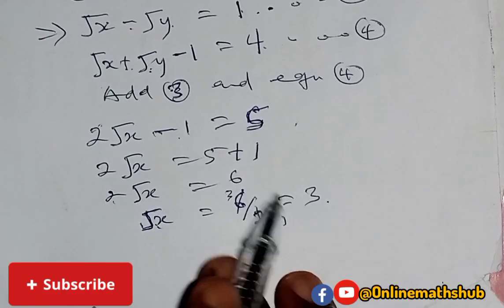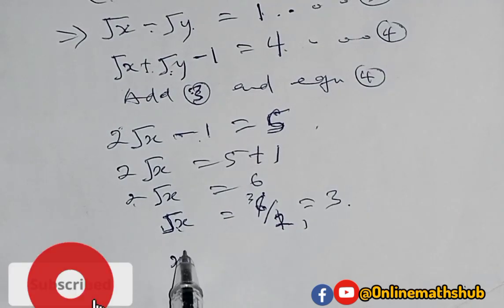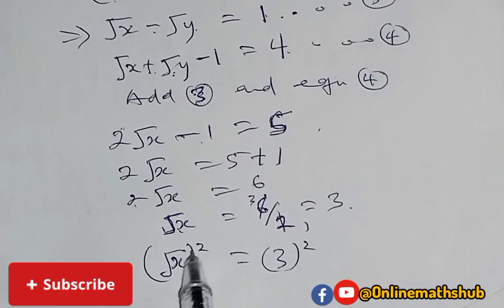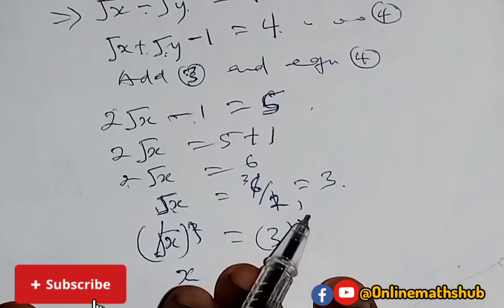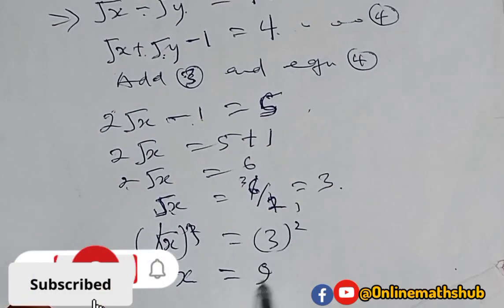To get my x, I'm going to take the square of both sides. 3 squared, so the square and square root cancel, and my x is equal to 3 squared, which is 9.